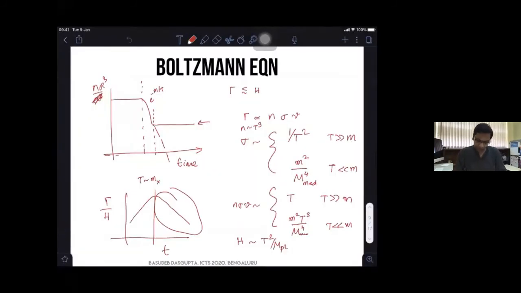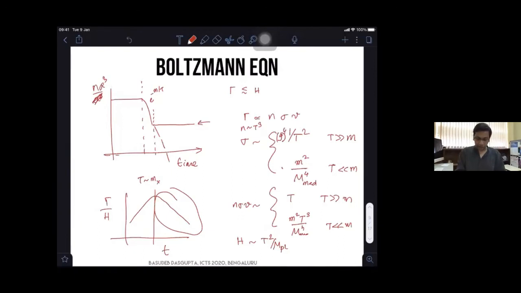So what I have used here is the fact that at early times, at high temperatures, you can treat all particles as massless. So the only dimensional quantity that I have in the cross section is temperature. And in order to get a 1 over energy squared, the only thing I can do is 1 over T squared. Of course, there are coupling factors there, alpha squared.